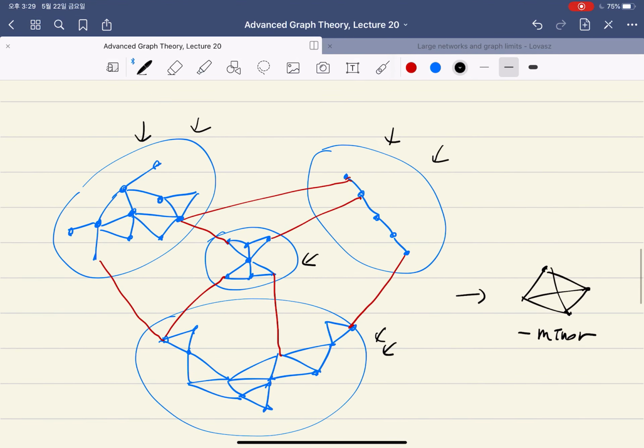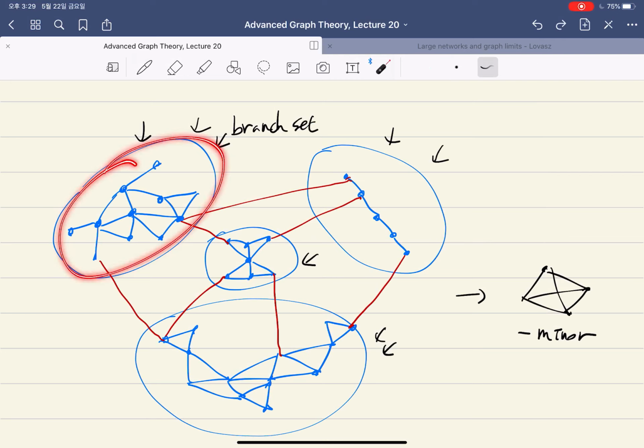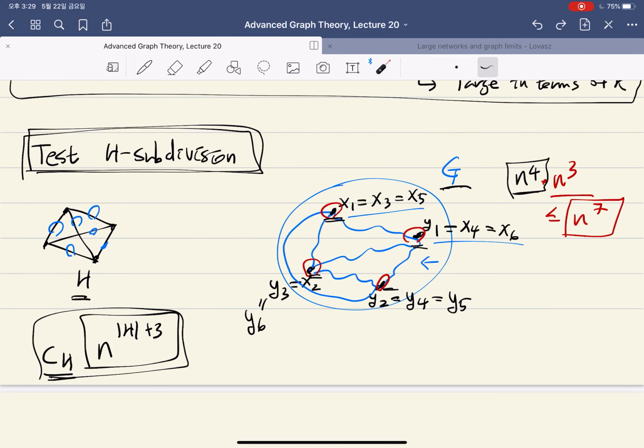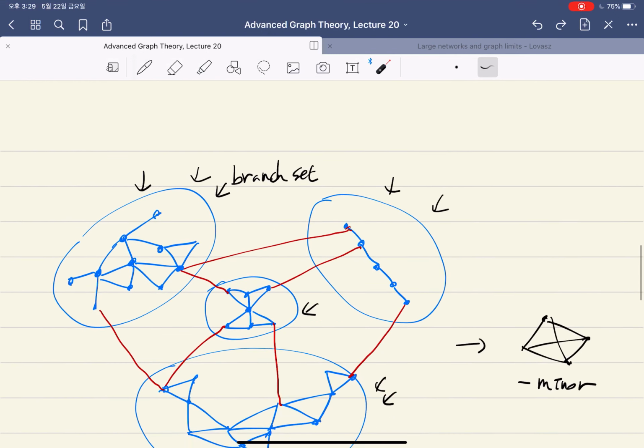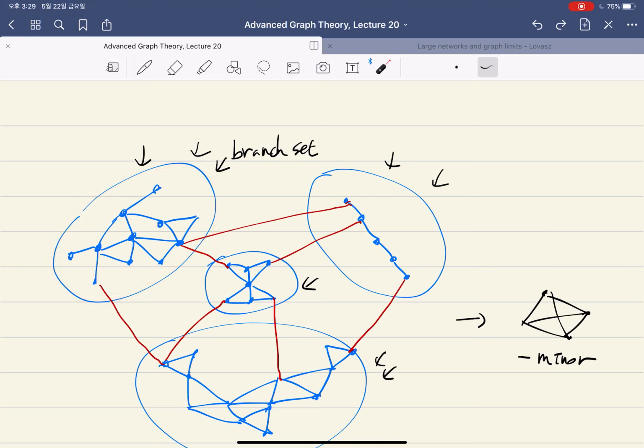But for a minor, we don't know how large this branch set is. This could be a large set, and we have to choose 4 such large sets. And then we have to check whether you can find the edges between here and here. So the previous trick doesn't work. Before, we only had n to the 4 many choices. But here, once you take this 1 branch set, for all we know, there could be exponentially many choices of connected subgraph.